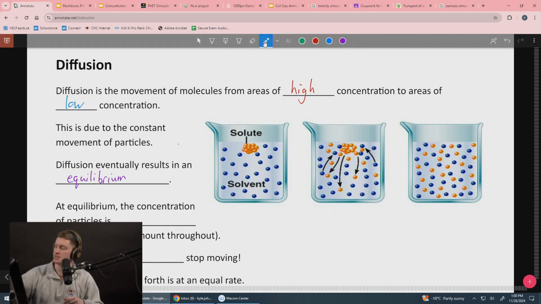So if you look at this diagram here, we place a solute inside of our solvent, and then eventually the solute particles, which are more concentrated at the top of this beaker, move around until they are evenly spread out. This is the beaker at equilibrium.